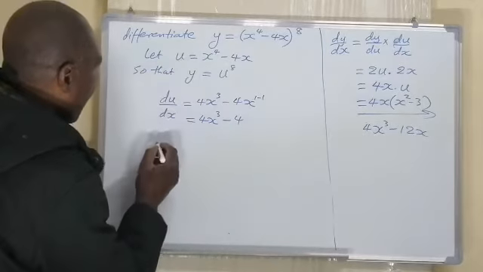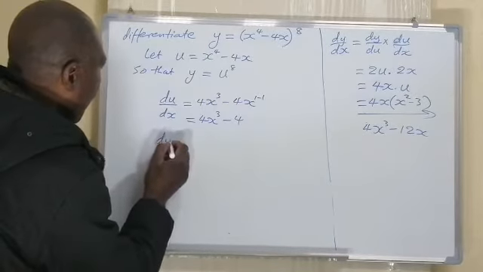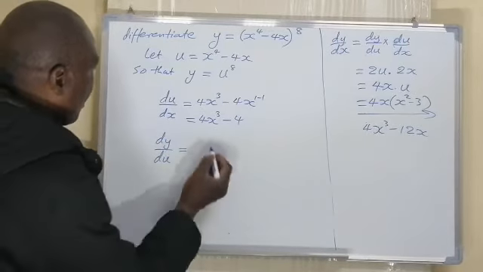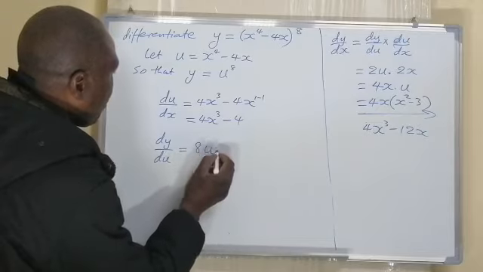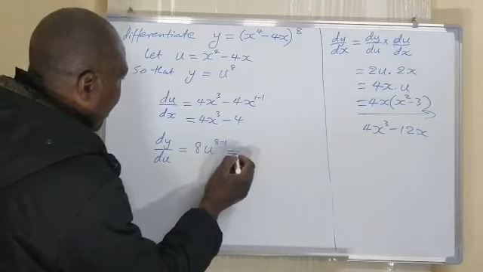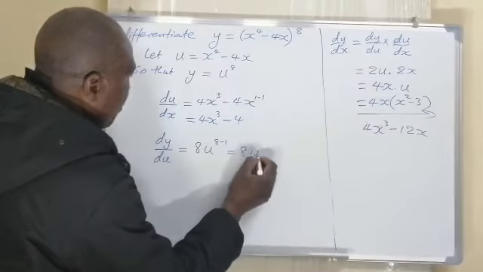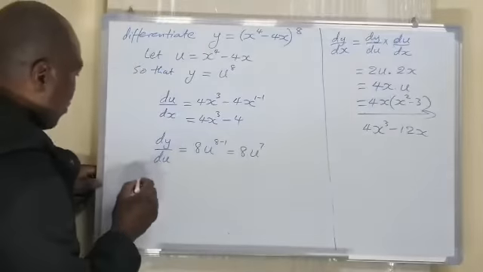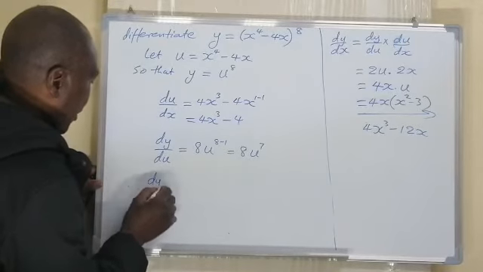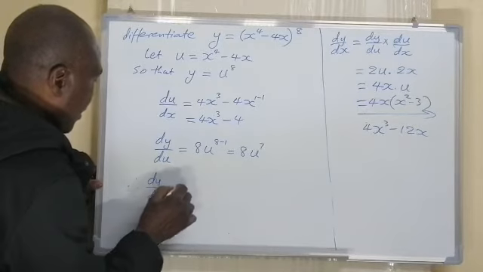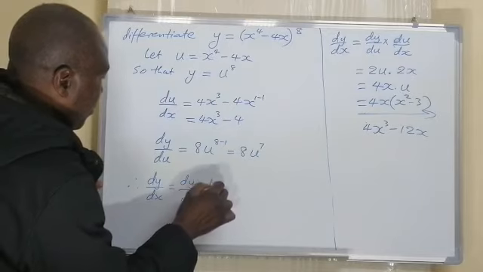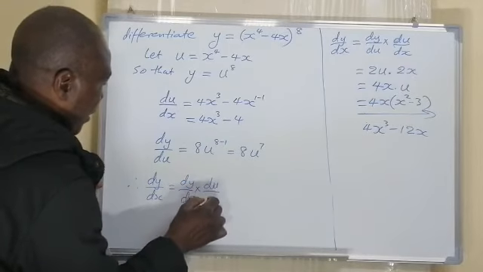And when we come to the second, we have dy over du. This will give us 8u to the power 8 minus 1, which obviously is 8u to the power 7. Now, it therefore means dy over dx is dy over du multiplied by du over dx.